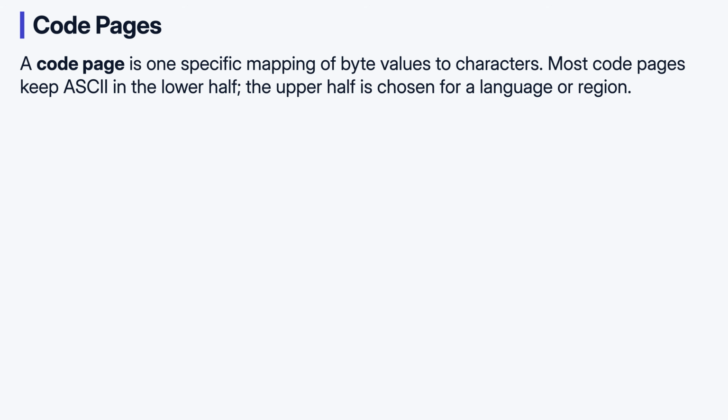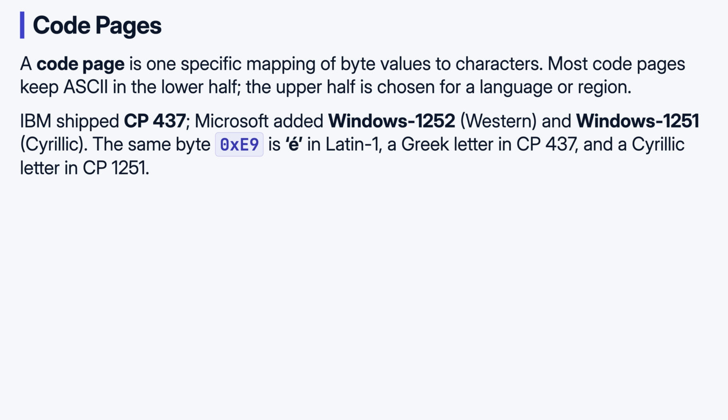Each of those upper half mappings has a name, a code page. A code page is one specific table from byte values to characters. Most code pages keep ASCII in the lower half, and the upper half is chosen for a particular language or region. IBM shipped code page 437 on the first PC.